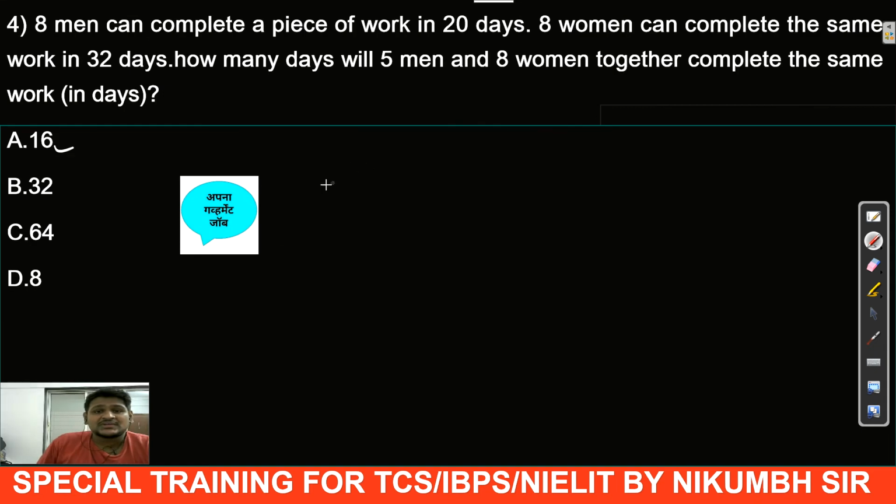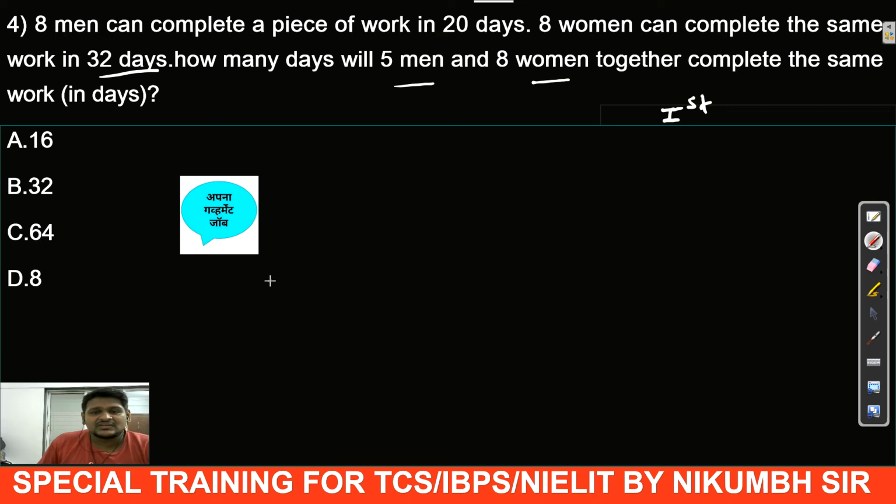For this question I have two methods for you. First I will show the first method, then we will move to the second method. See the question: 8 men can complete a piece of work in 20 days, and 8 women can complete the same work in 32 days. So the work is the same. How many days will 5 men and 8 women together take to complete the same work?